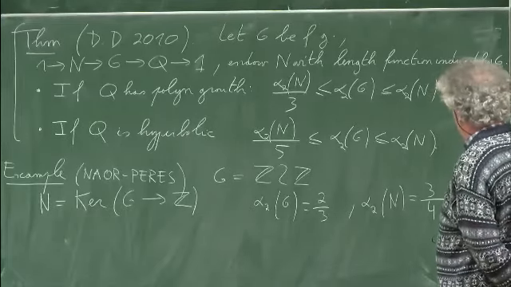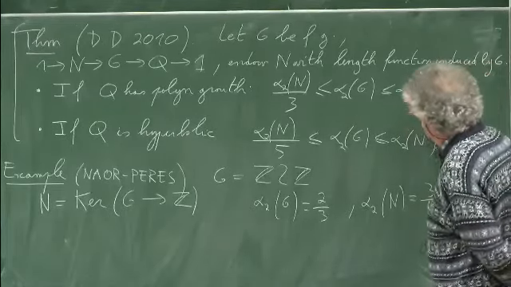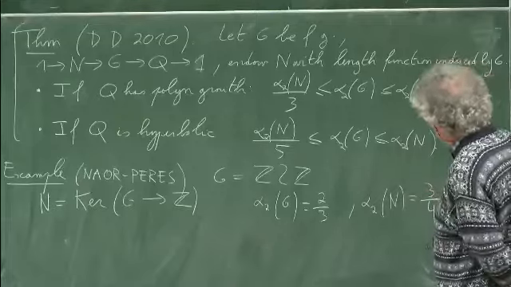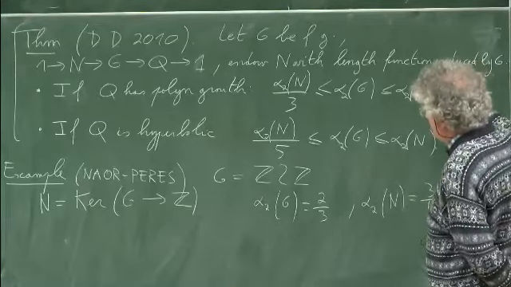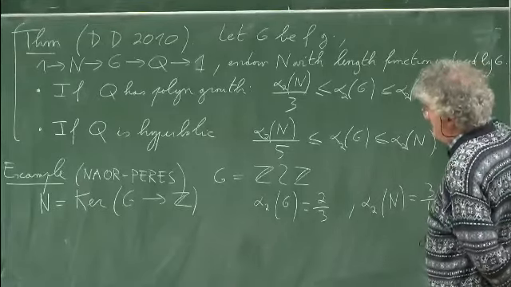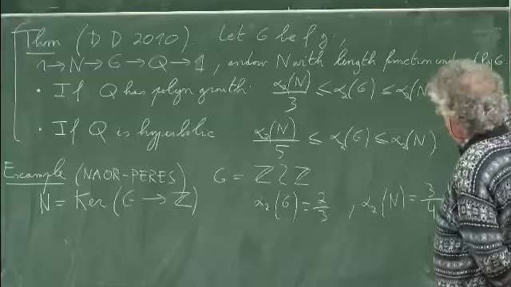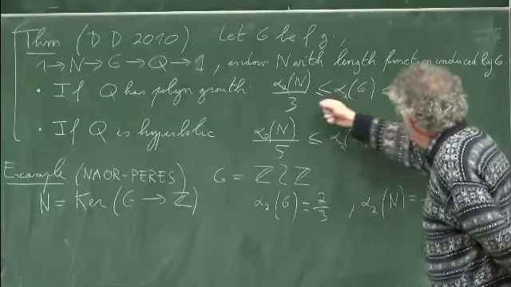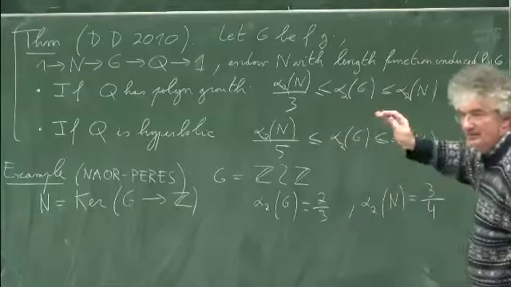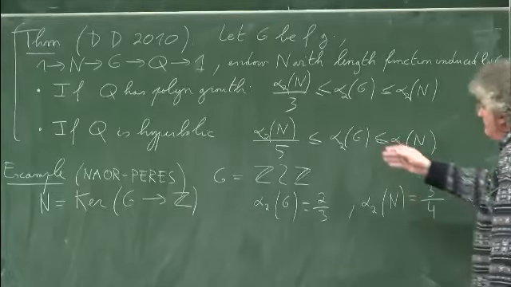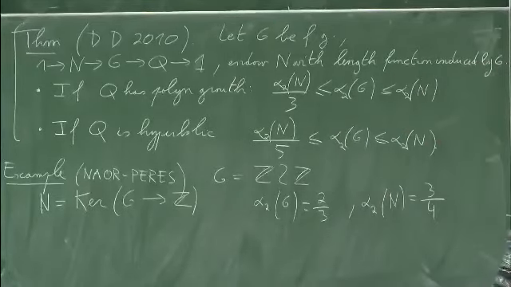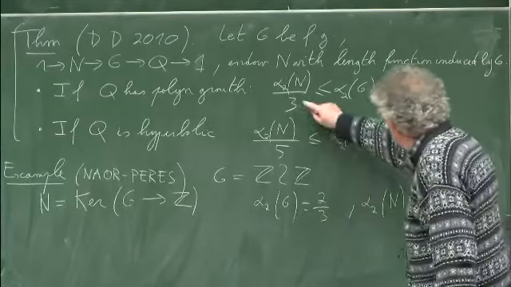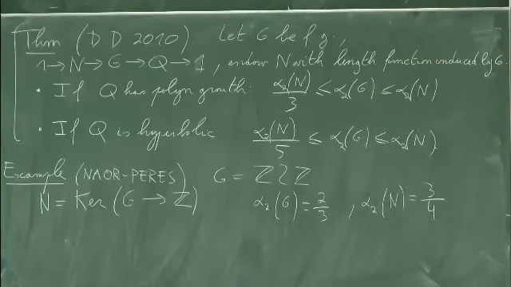So this is a case where the quotient is Z, so it has polynomial growth, and in some sense, it says that probably this will be hard to improve. But anyway, I was very pleased when Dennis came with the denominator 3 here, and that's all I wanted to say. Thank you.